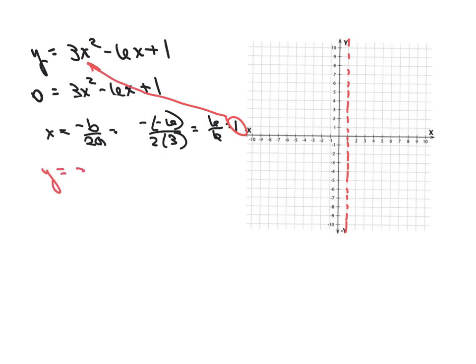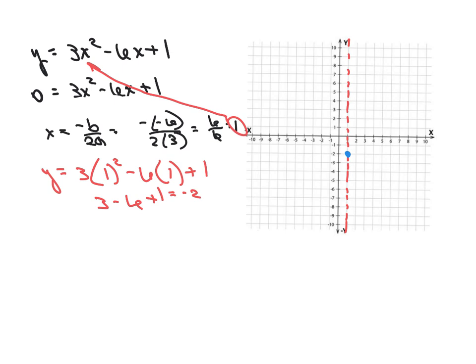So y equals 3 times 1 squared minus 6 times 1 plus 1. So 3 minus 6 plus 1 equals negative 2. So I know it's going to turn direction at 1, negative 2. So I did find the vertex.